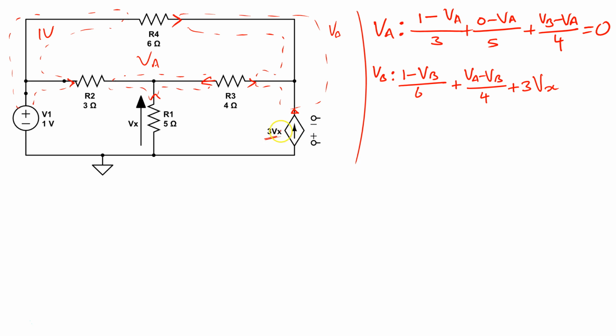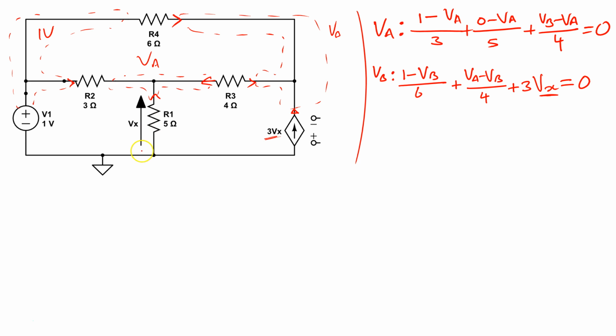What this tells us is that the value of this current is 3 times the value of Vx, and Vx is across this 5 ohm resistor. So all of that is equal to 0. So now I have to get Vx in terms of my node voltages, because that is what I'm trying to solve in the system.